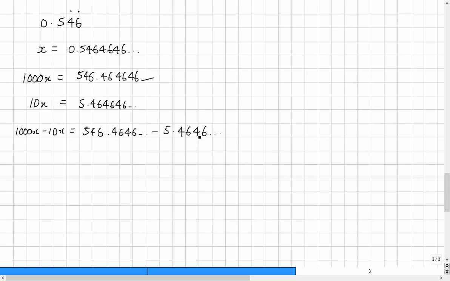Okay, when we do that subtraction on this side, we get 990x. On this side, 546 minus 5 is 541, and the decimals cancel. So now we've got x is 541 over 990. There we go.